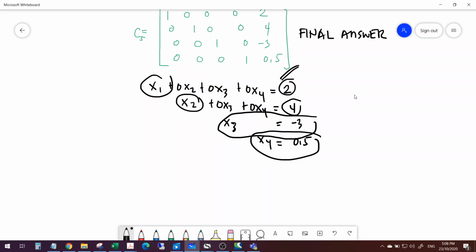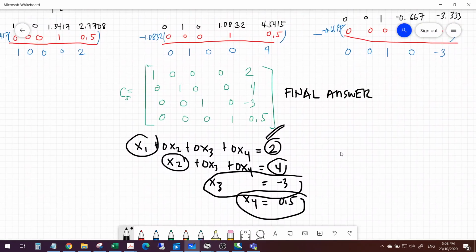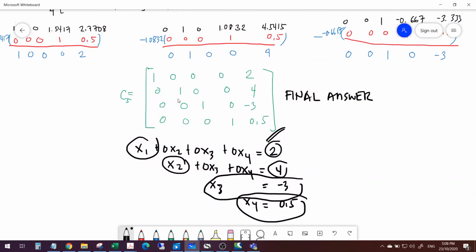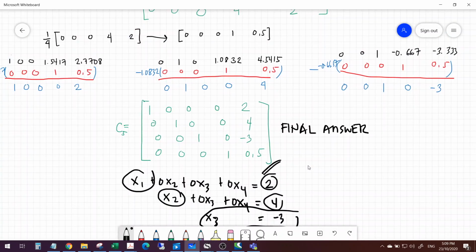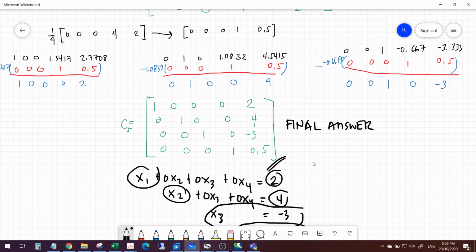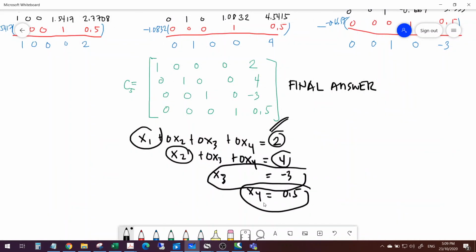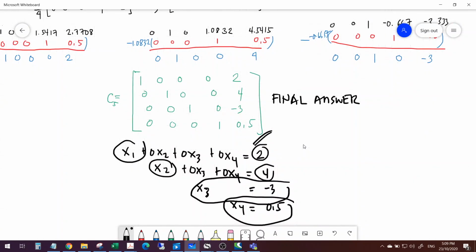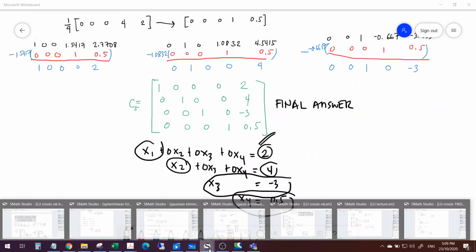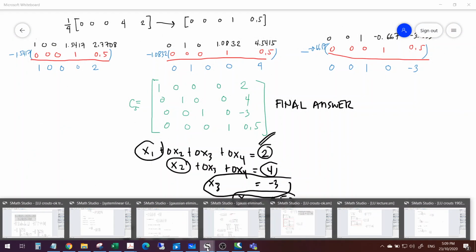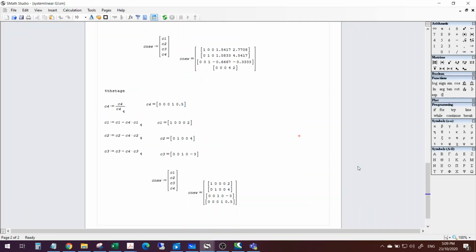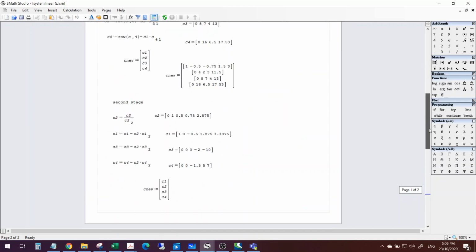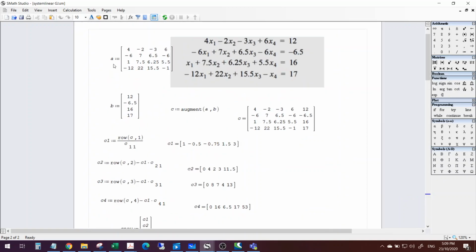So in Gauss-Jordan elimination, we already got the values of the unknowns, unlike in Gaussian elimination, where we first get x4 and then successively substitute that to find the other variables. Okay. So I have here the SMAT implementation of that. It's just a 2-page SMAT code.